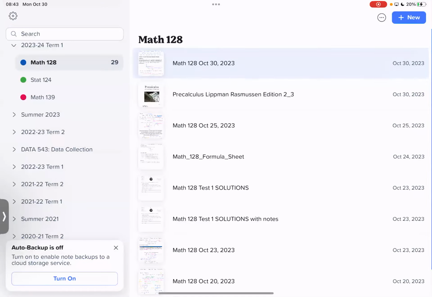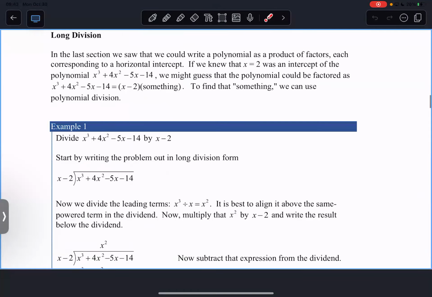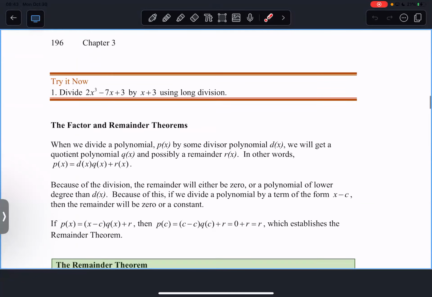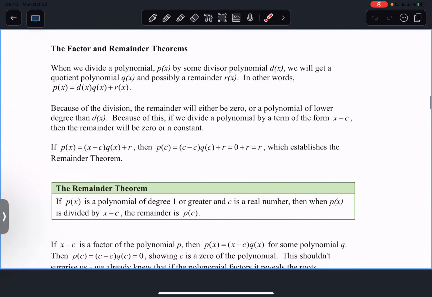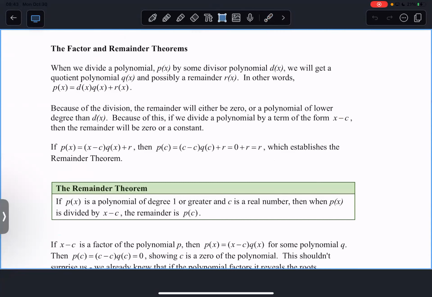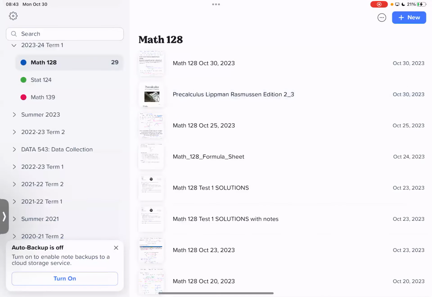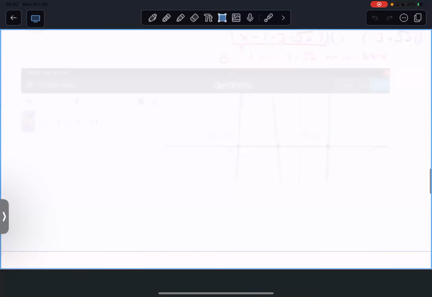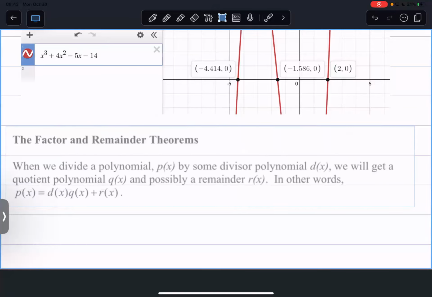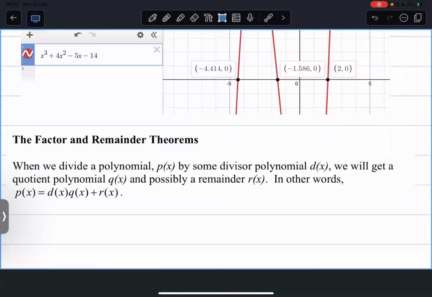Maybe it's time for the factor and remainder theorem. Hey, they did do it. Okay, so let's grab this first. When we did our long division, we didn't end up with any remainder, but we could, right?